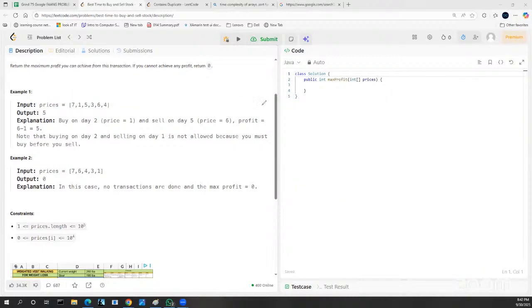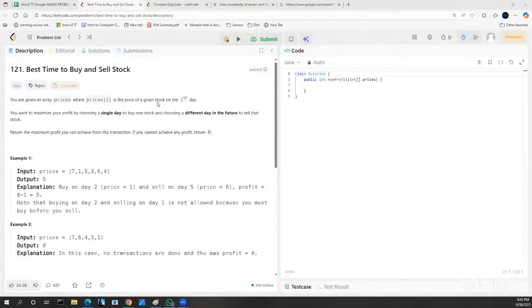Here they have stated that we are buying. Let's consider the days: Monday, Tuesday, Wednesday, Thursday, Friday. If I am buying a stock at 7 rupees on Monday, and on Tuesday I am getting one stock at 1 rupee, I cannot go to yesterday and sell something.